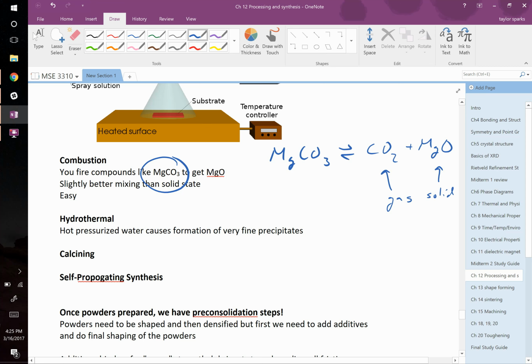So combustion synthesis, I'd find that typically using this is slightly better than the solid state. So if you had the choice of starting with magnesium oxide and aluminum oxide, or magnesium carbonate and aluminum oxalate or something, it's better to start with those, because as they burn off, as this bond breaks, as this thing has to break up and form new bonds, the likelihood of it being able to interact with the other species, say aluminum, is a little bit higher, and it's very easy to do.